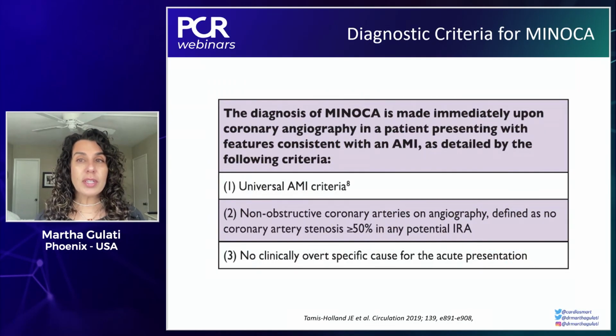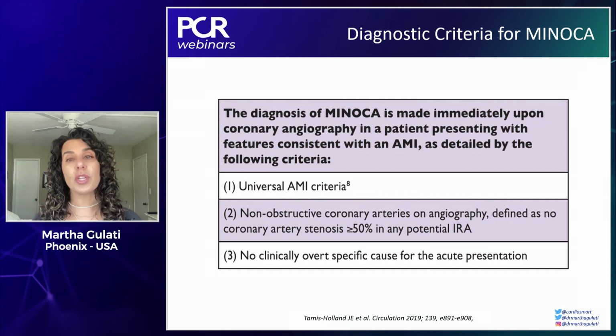So the diagnostic criteria for MINOCA is really here. You use the universal acute myocardial infarction criteria, and then with non-obstructive coronary arteries, meaning that they don't have an obstruction that's above 50%, and then with no clinically overt specific cause for the acute presentation, meaning that if you know that they have Takotsubo's, or if you know that they have myocarditis, or you suspect it and you do the imaging for it, you're not going to label those patients as MINOCA.